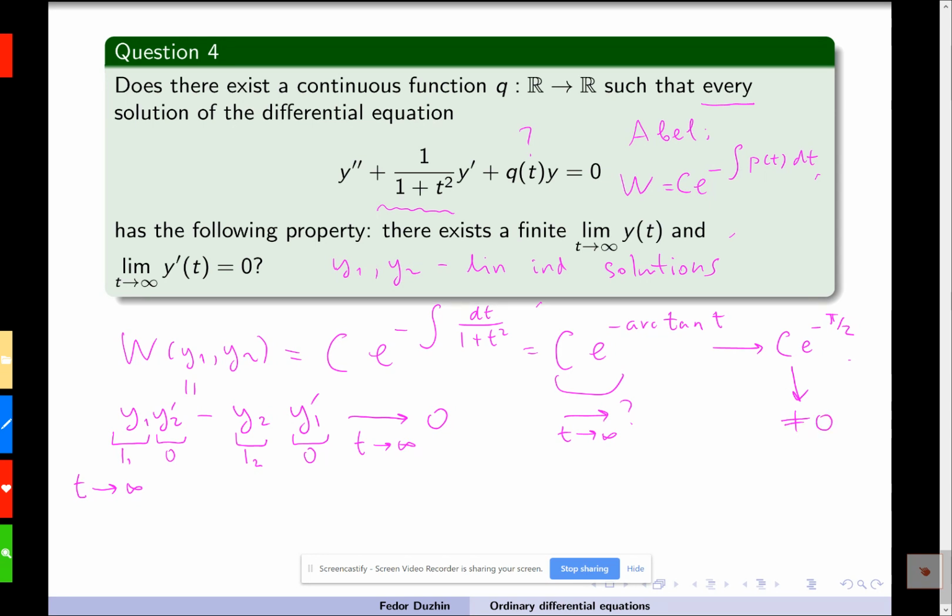But c cannot be 0 because we assume that the solutions are linearly independent. So since c is not 0, this is not 0. And then we got a contradiction: on the left-hand side is 0, on the right-hand side is not 0. This contradiction shows us that such a differential equation does not exist.